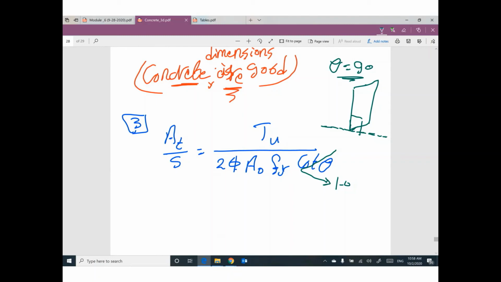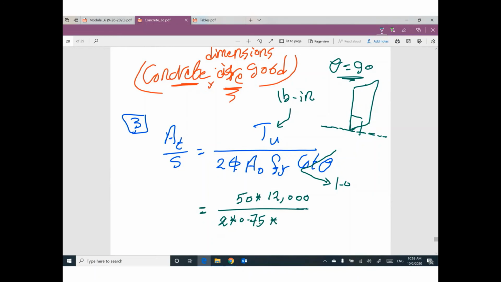Anyway, go ahead and put in your numbers. T ultimate is 50 times 12,000. We need to make it in pound-inch. 2 phi 0.75. What is the value of area node?